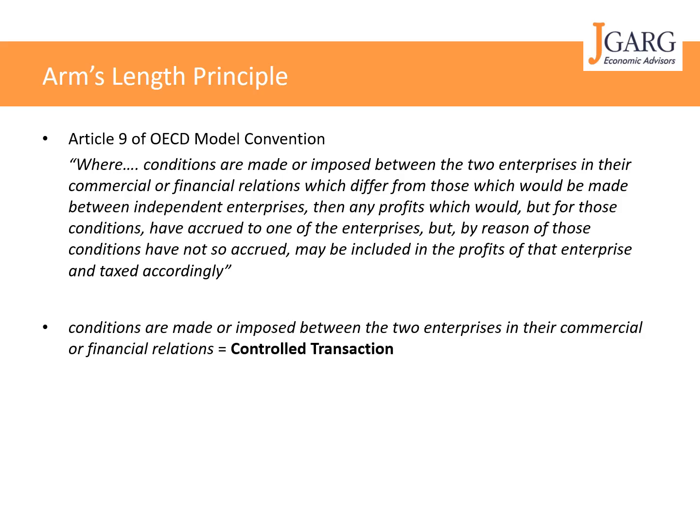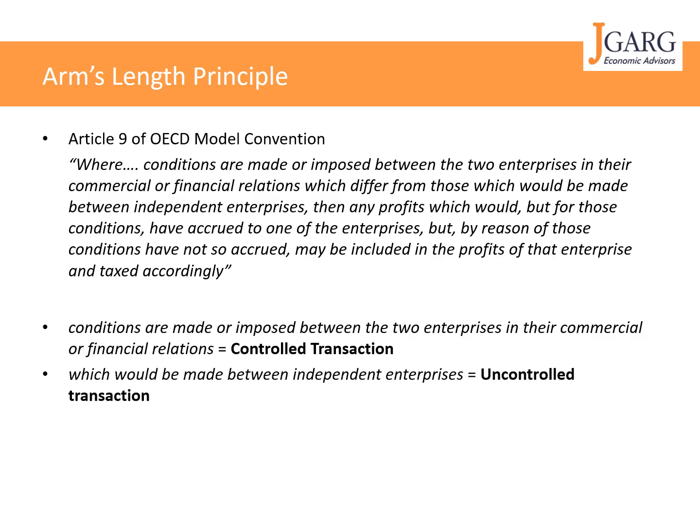So this line, the conditions are made or imposed between the two enterprises in their commercial or financial relations, they're talking about a controlled transaction. When they say which would be made between independent enterprises, they are referring to uncontrolled transaction.